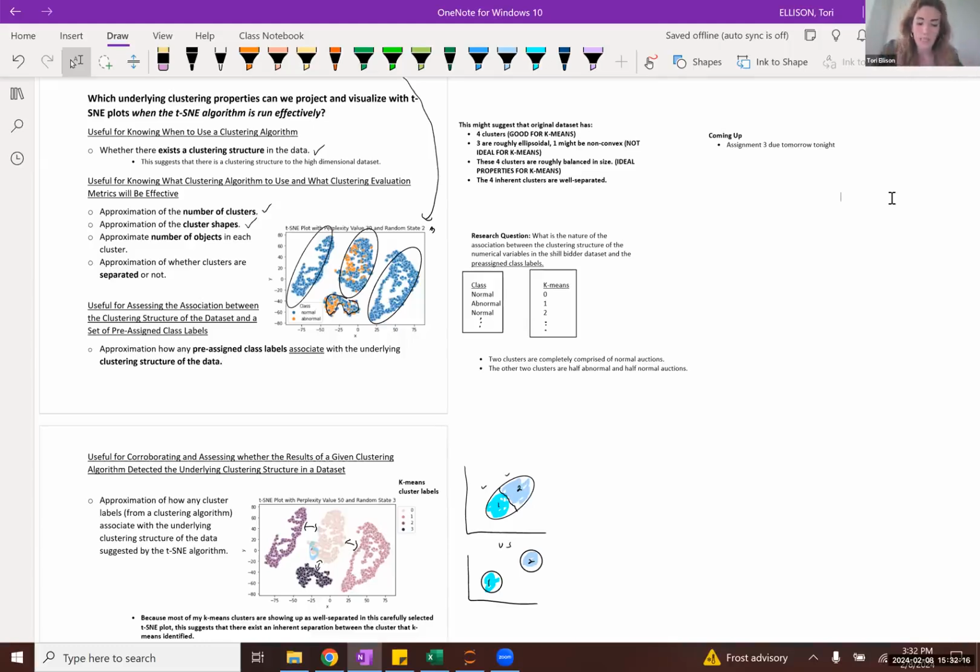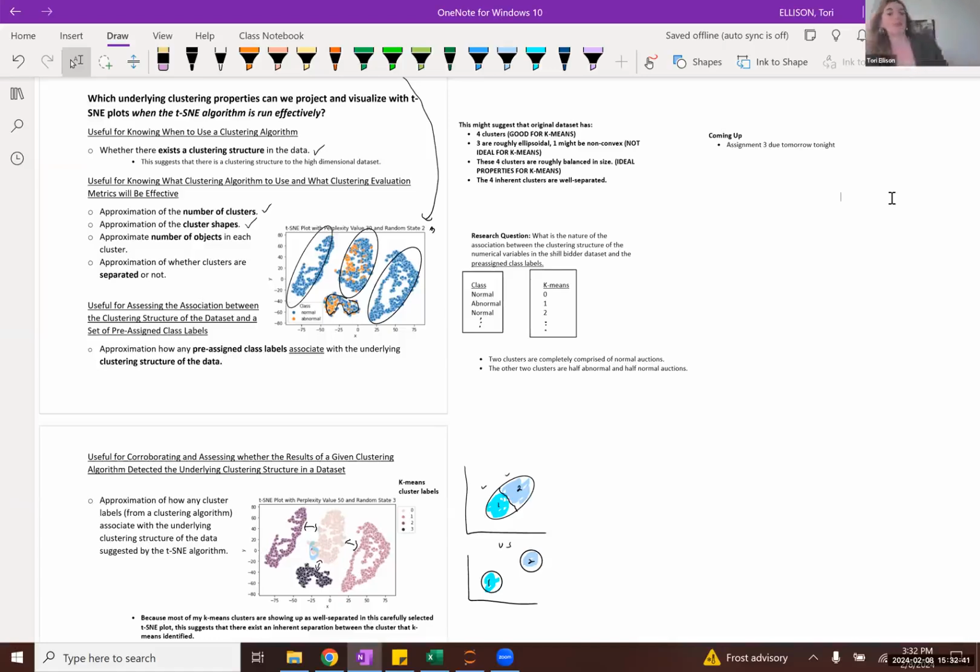Remember, the TSNE algorithm is not a clustering algorithm in and of itself, but it is a dimensionality reduction algorithm, which we use as a very helpful, insightful aid in our cluster analyses, in which we use actual clustering algorithms. So that's our plan for today. Any questions before we get started?